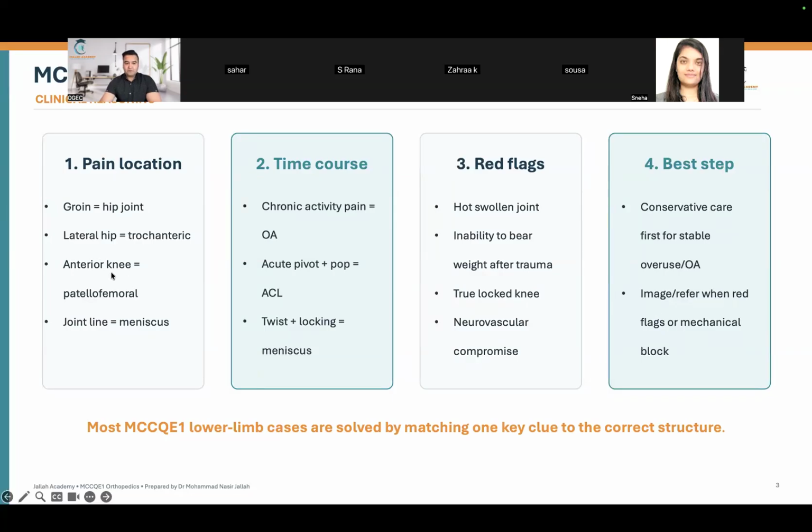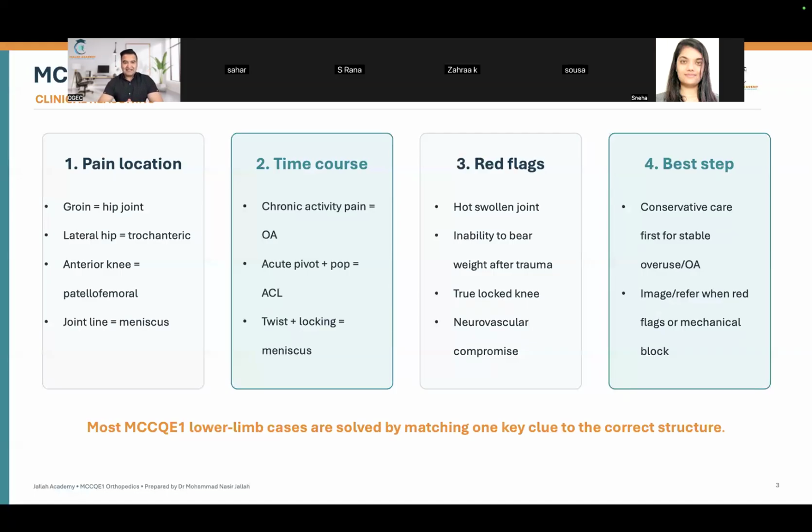Anterior knee is usually patellofemoral. Joint line, meniscus. In terms of location, these are very important clues in a clinical vignette. For example, if somebody comes with groin pain, always think of hip joint abnormality. So the joint is involved in groin pain.